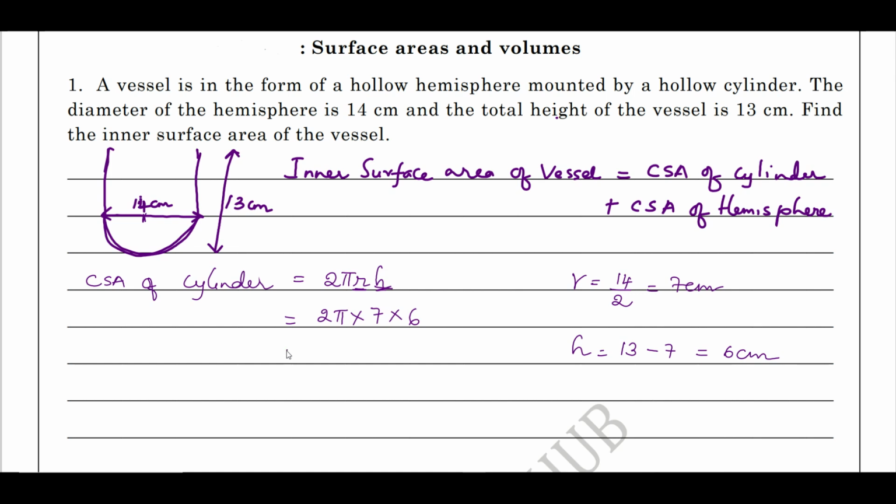Now we get 2 pi into 7 into 6. 2 into 7 is 14. 14 into 6 is 84. Pi value as it is. The unit will be centimeter square. Now the CSA of the cylinder is 84 pi.